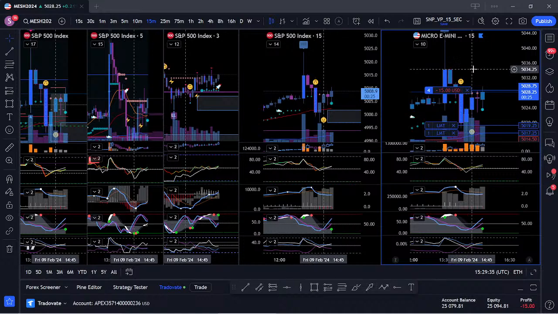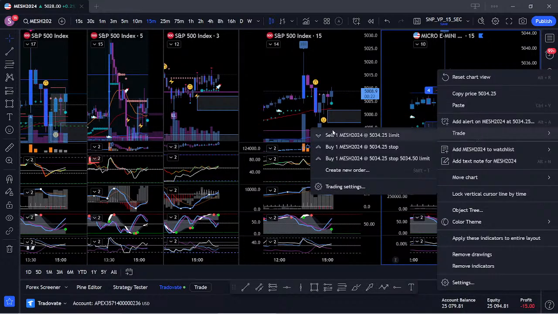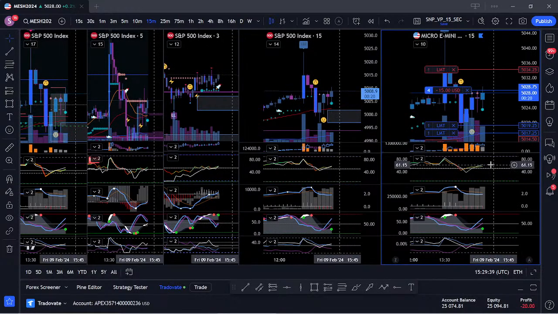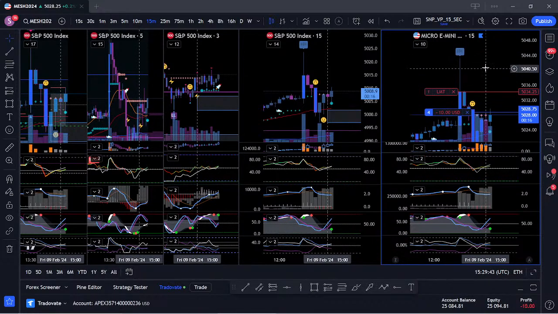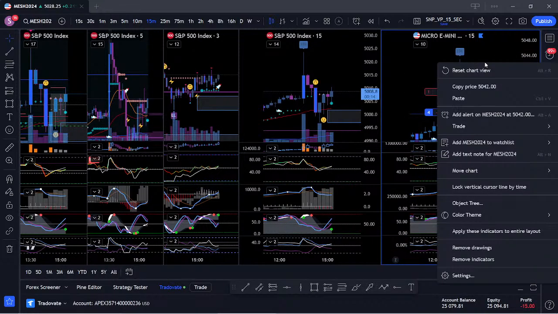That's the lower high. Here is the first selling point. This is our last selling point.